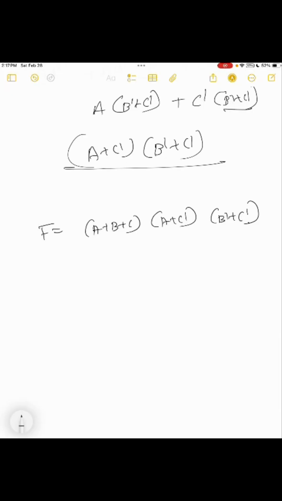So I think that's the simplified version of the standard POS. It is simplified compared to the canonical POS, and it still represents the same truth table.